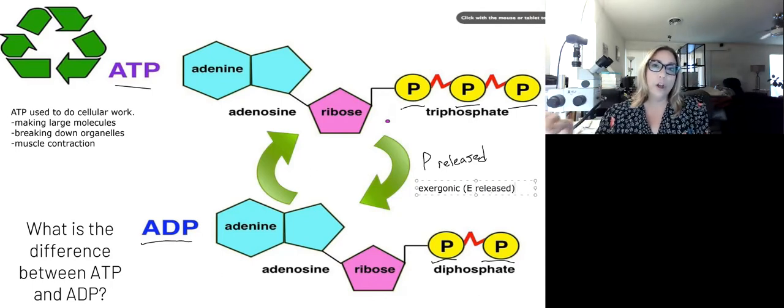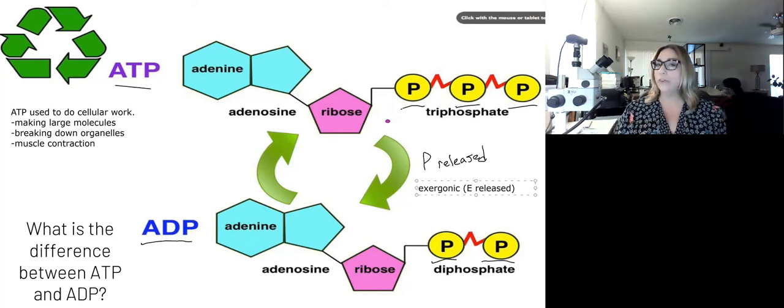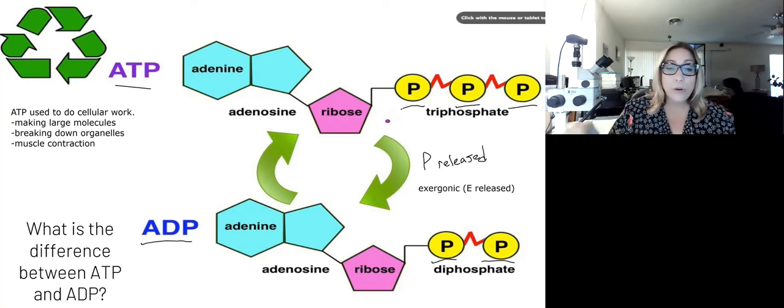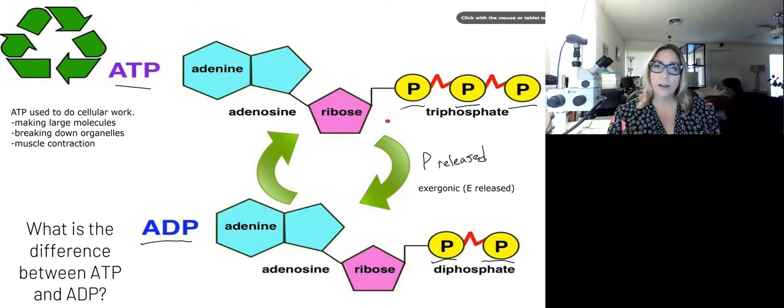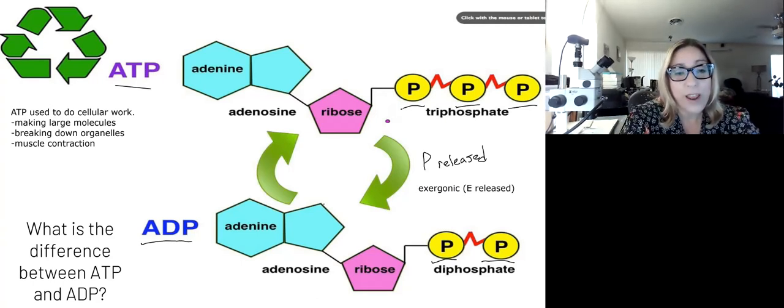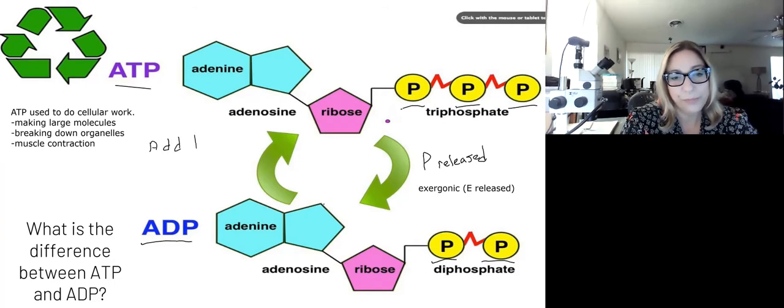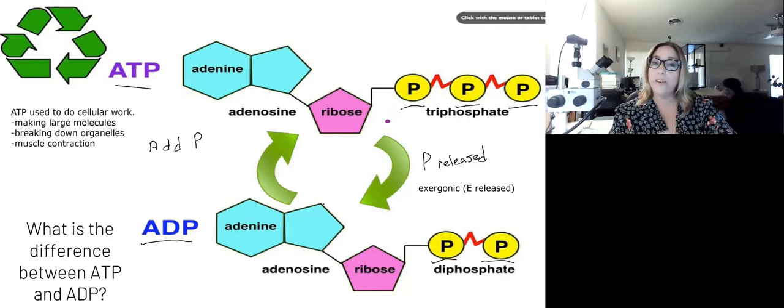So in the cell, when ATP loses a phosphate and becomes ADP, that gives off energy that is then used to do work in the cell. Now, this is a cycle, right? So it keeps going around and around. So now you have ADP, the molecule with 2 phosphates, and a phosphate is added to get ATP.